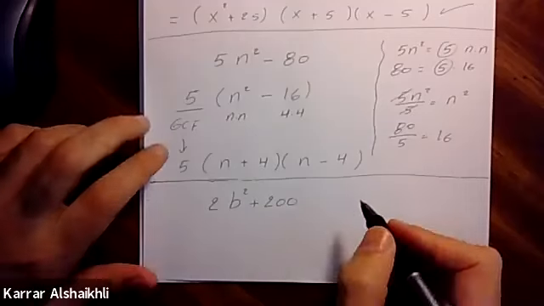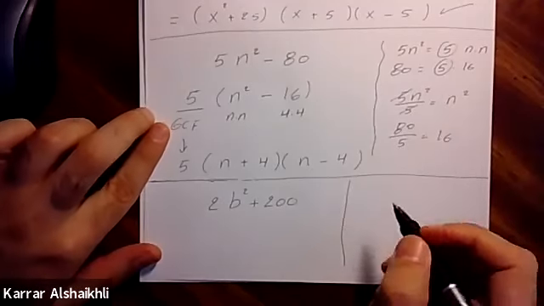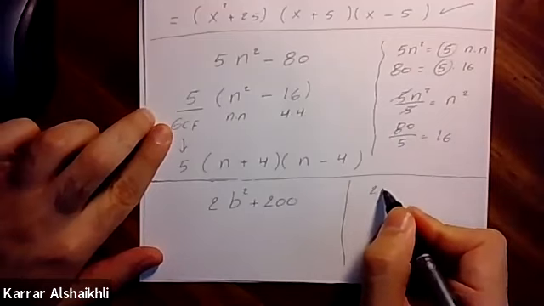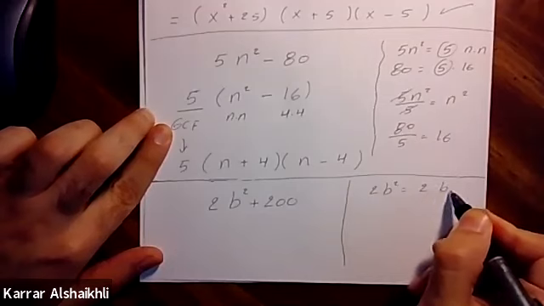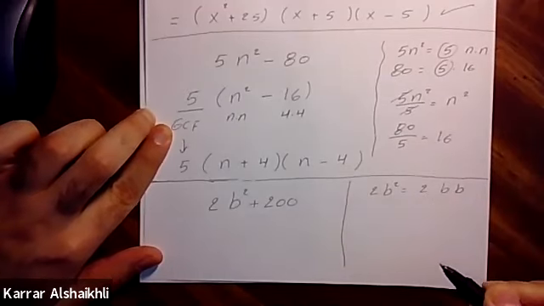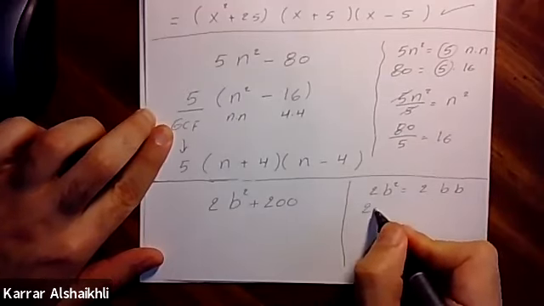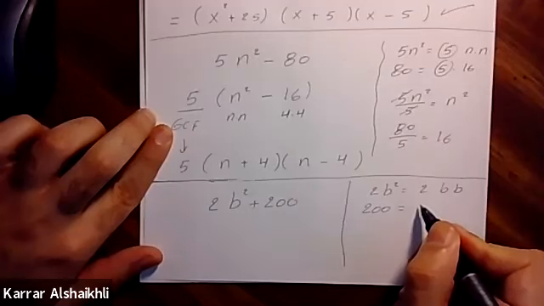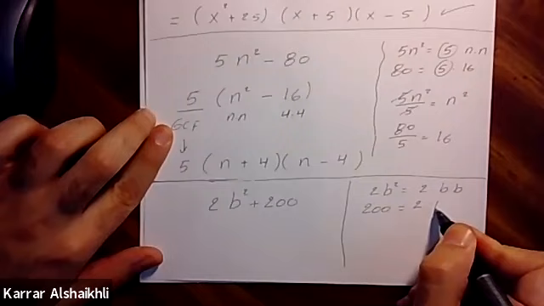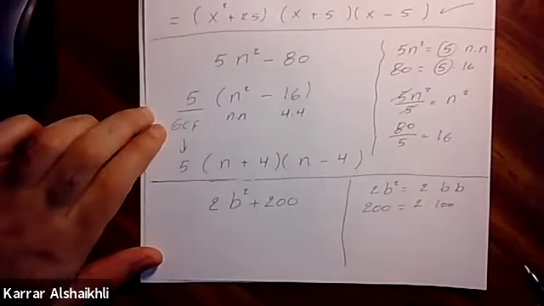Is there a greatest common factor between these two numbers? 2b squared is going to be 2 times b times b. 200 is what? 200 times 1, or you can say 2 times 100, right?